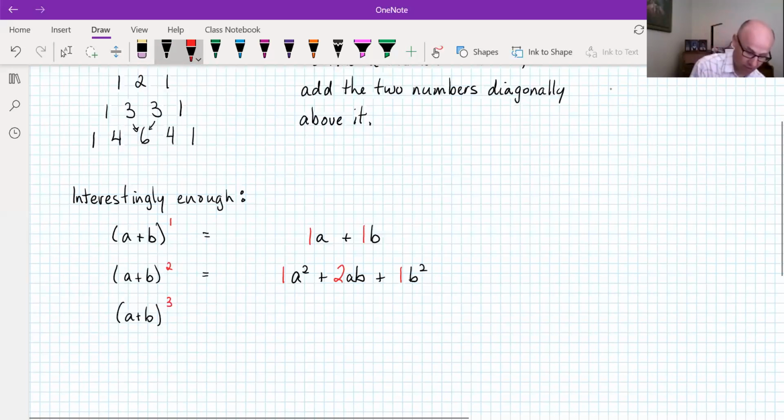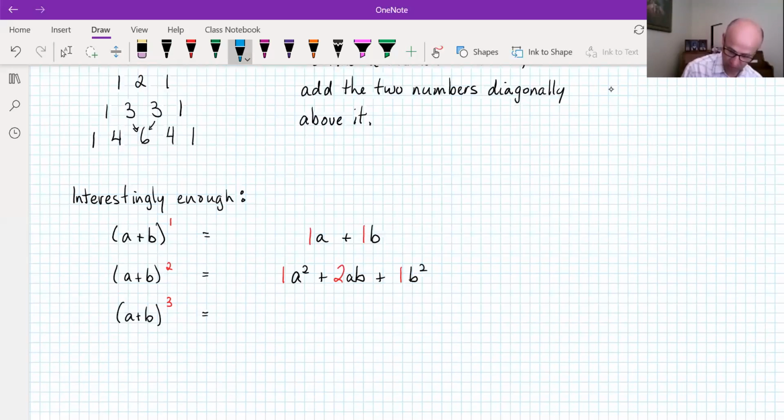Our third row is going to be equal to, well, over here on the side, I'm just going to write out what a plus b cubed is. We all know that it's the same thing as an a plus b squared times an a plus b. An a plus b squared is an a squared plus 2ab plus b squared.